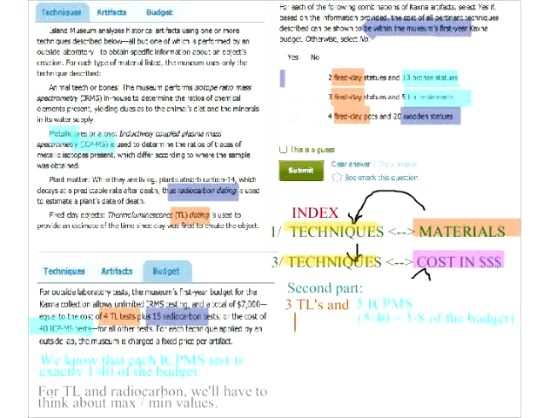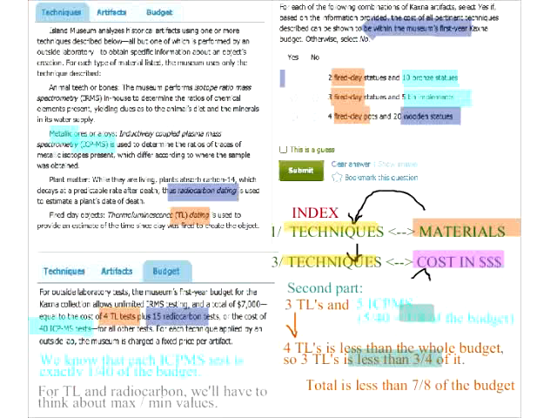And this 4 TLs is less than the whole budget, so 3 TLs is less than 3/4 of the budget, because it's 3/4 of that. So what do we have? We have exactly 1/8 of the budget plus less than 3/4. That's a total of less than 7/8. So we can afford that. That would be another yes. So yes to the first one, yes to the second one.